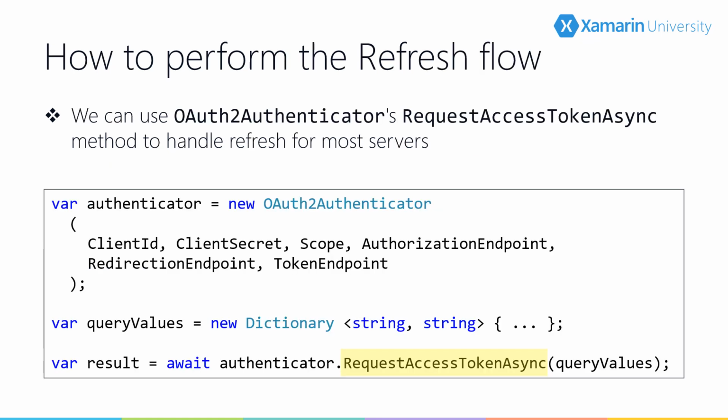Now, because of the variations between different servers, the entire refresh flow is not built into XamarinAuth. There's just too much variation. However, the OAuth2 Authenticator can be used to assist in performing this refresh flow.